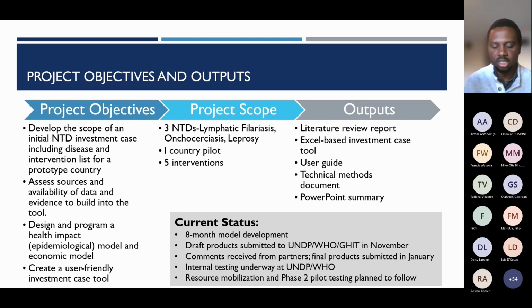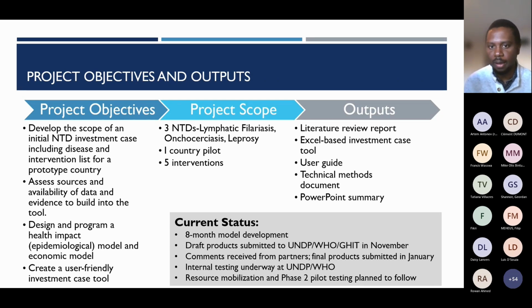So for this phase of the project, we looked at 3 NTDs: lymphatic filariasis, onchocerciasis, and leprosy, and used Ghana as a prototype based on consultations with partners and different countries that were interested, and also focused on 5 specific interventions across these 3 diseases.